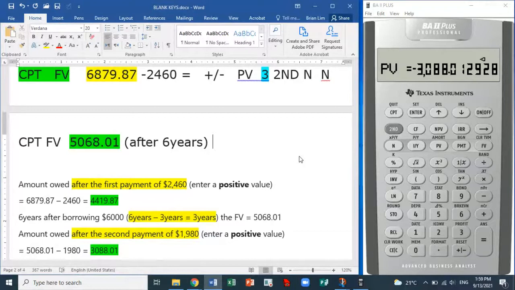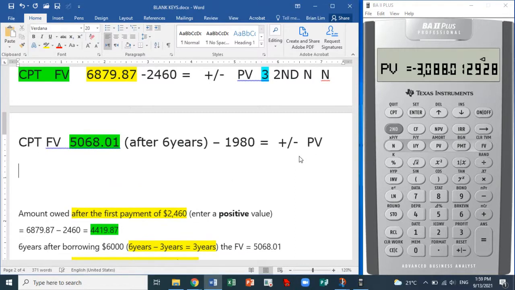So we subtract the amount that was paid, which was 1980. We press equal, and then we'll get an answer. We could make it plus minus, as we may want to do, and then we press PV, and that gives us the next result.